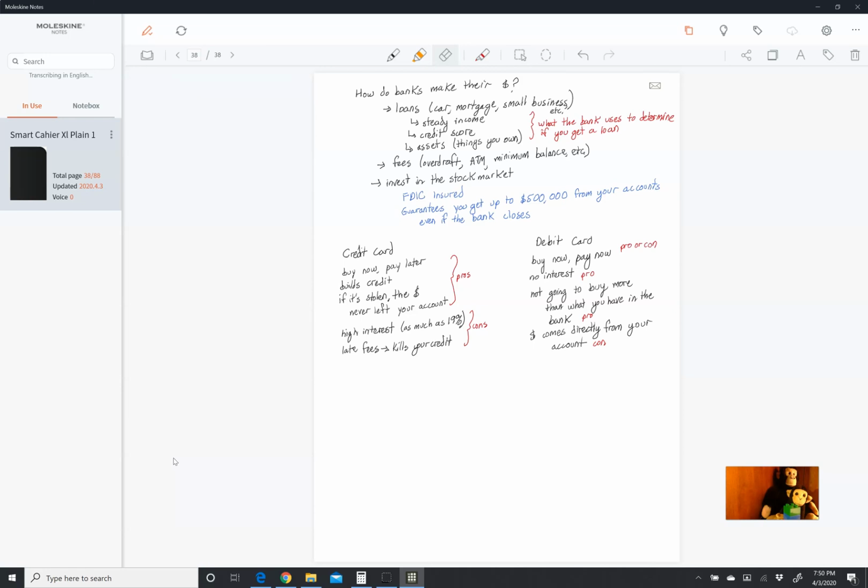Let's start with, for example, you go into a bank with $1,000, and your account gives 10% interest each year.